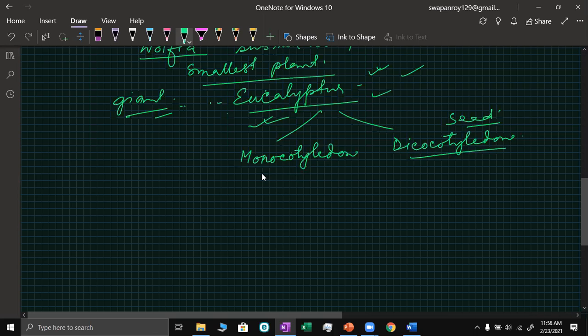Dicot embryo has two cotyledons, and monocot embryo has one cotyledon.